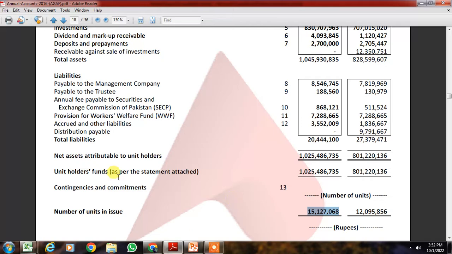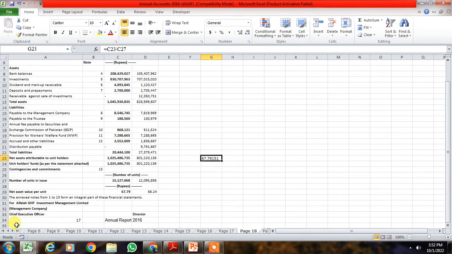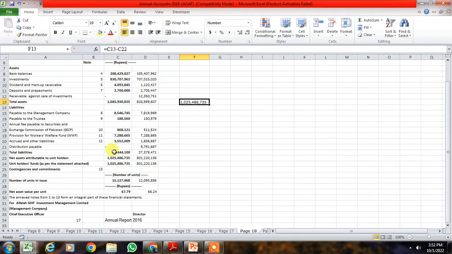Let me convert this PDF file into MS Excel. Now you can see that the net asset value is given here: total assets minus total liabilities is equal to net assets, which is given here.